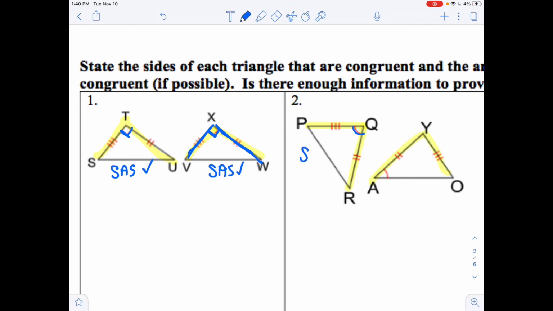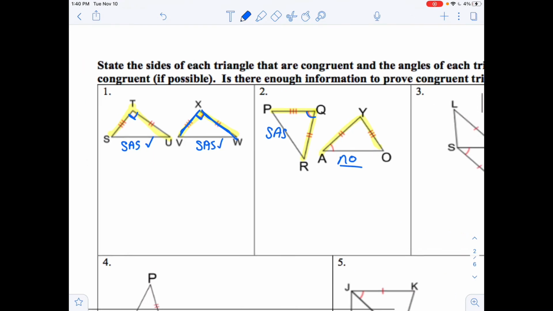That one's got an included angle. And then I've got two sides. This one, the angle's not where it needs to be. It should be up here. I need that to be the included angle that touches both sides, and I don't have that. So if I don't have that, even if it's just on one triangle, then it's not congruent by side angle side.